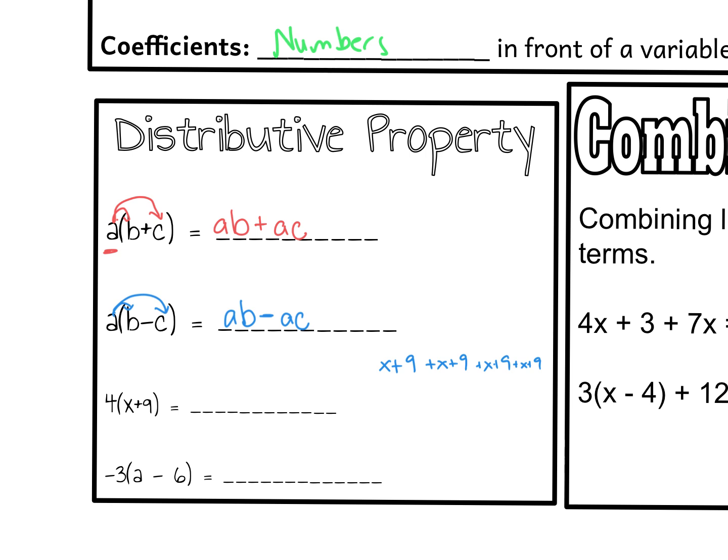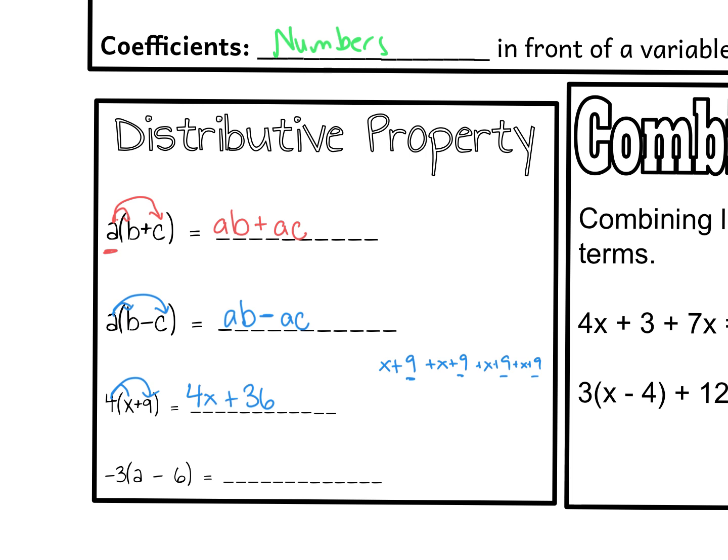That's what that means. We don't want to have to write all that out though, so the distributive property makes it faster. What we really have here is 4 x's, because we did 4 times x, plus 4 9's, which is 4 times 9, which makes it 36. So when we use the distributive property, it becomes 4x plus 36.